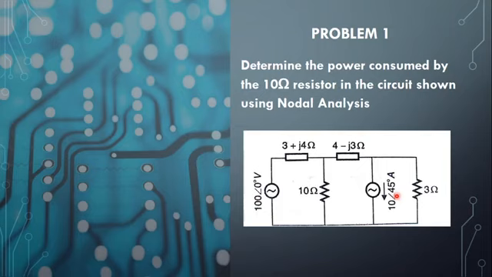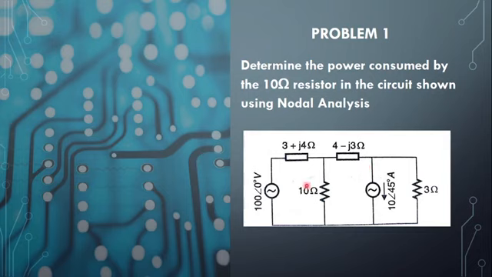To simplify the analysis, we will try to make all the sources similar. If this is a current source, I'll try to make this also a current source rather than having two different sources. When all sources are similar, the problem becomes much simpler to solve.